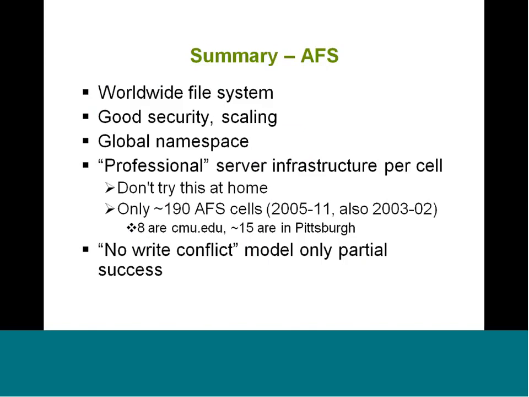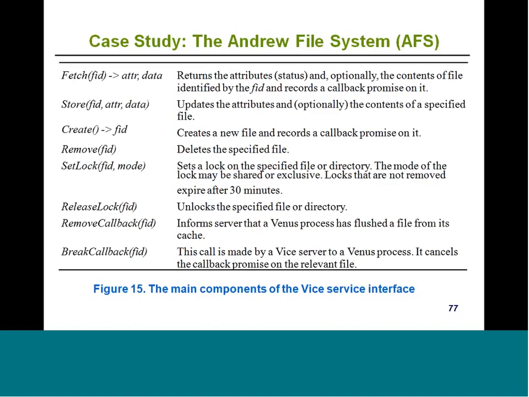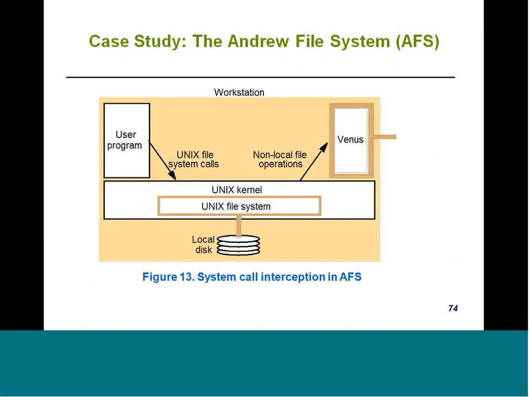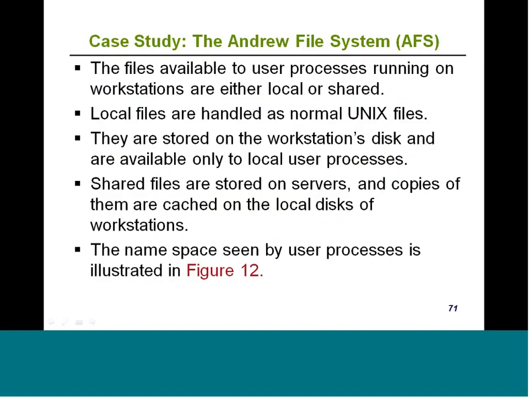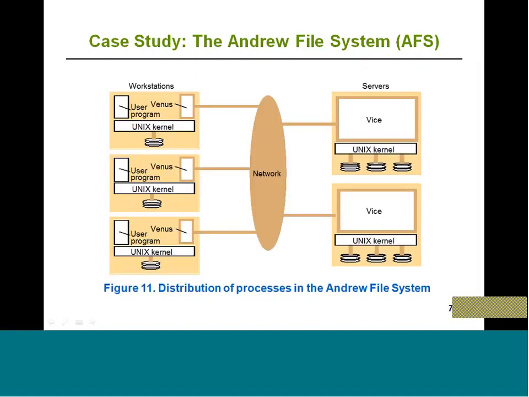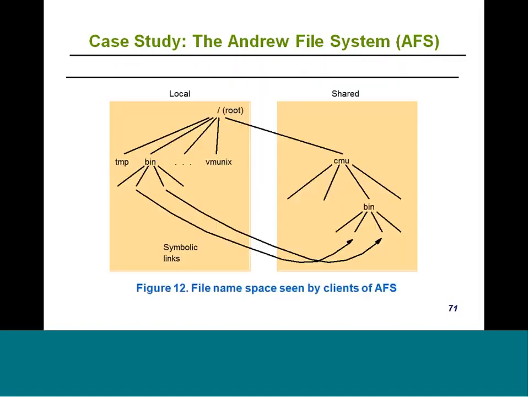So in summary, the AFS is a worldwide file system. If you look at the structure here, the servers hold this file system, and any other files that are there are mirrored under this particular file system.